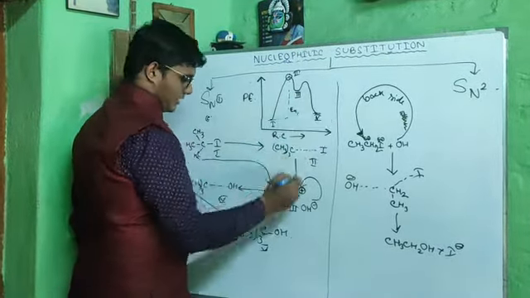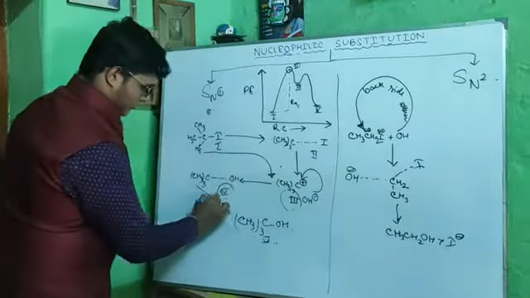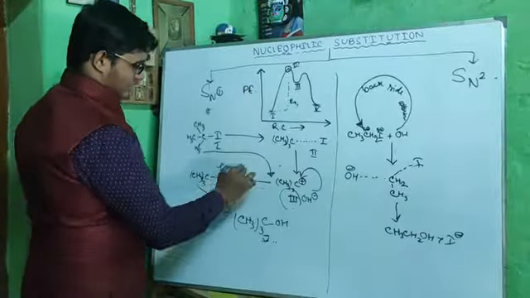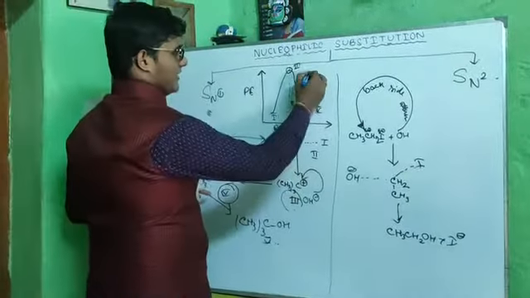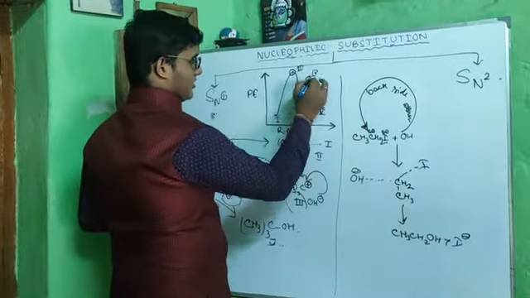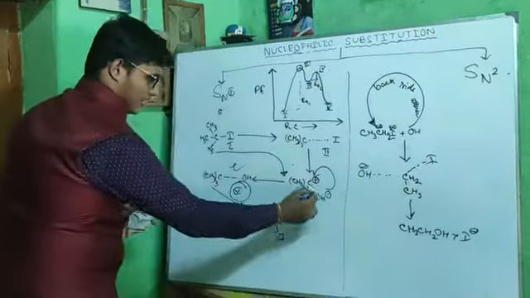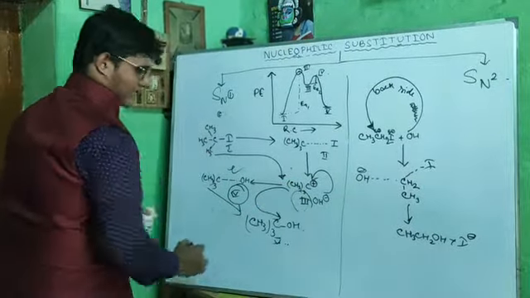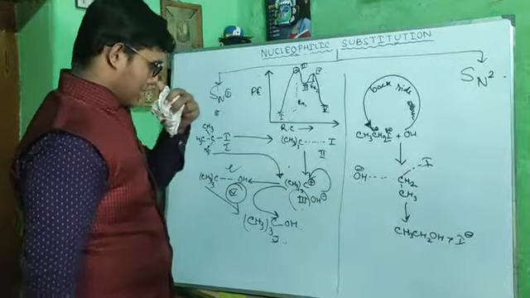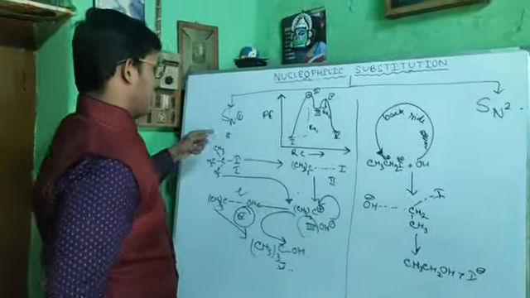Here is the product, and the 4, the unstable, imaginary intermediate will be here, and this portion is the activation energy of this second reaction, the reaction of transforming this 3 to 5. This is the activation energy of this reaction. So this is about the energy profile diagram of the SN1.